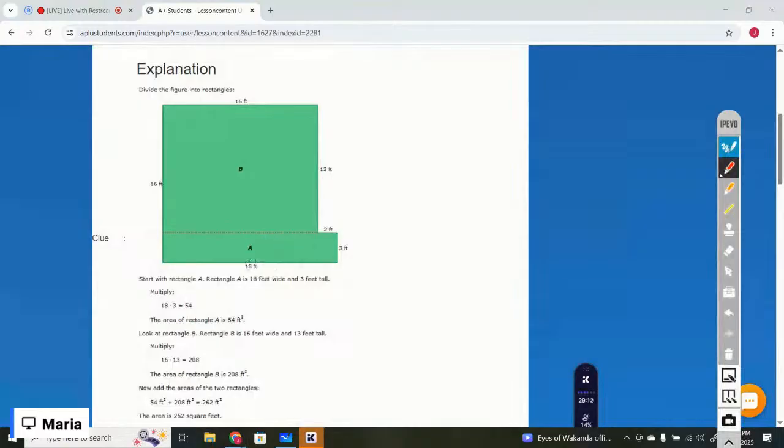So we need to calculate their side lengths. We need to calculate the area, length times width.